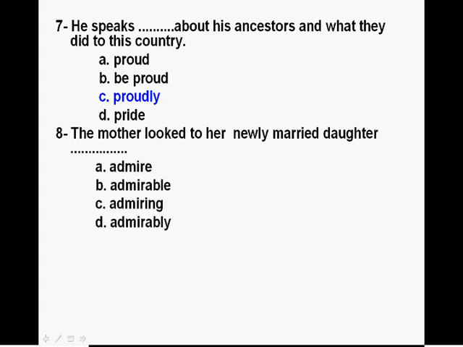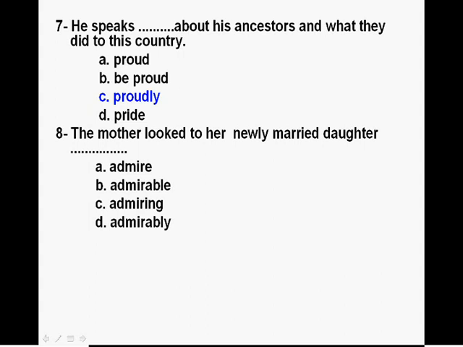Number 8. The mother looked to her newly married daughter. Okay. A, admire, B, admirable, C, admiring, D, admirably. So the mother looked to her newly married daughter, and we need to put here a word which describes the way the action was done.